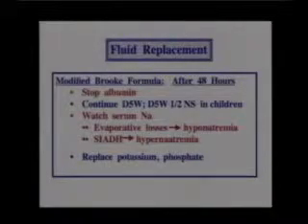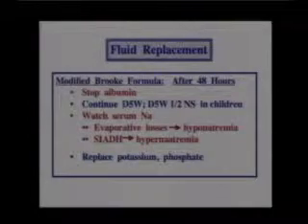Depending on what's going on with the patient, they could develop hyponatremia from evaporative loss out into the air from the wound, or if they develop the syndrome of inappropriate antidiuretic hormone production, they could develop hypernatremia. We have to monitor potassium and phosphate levels as well.